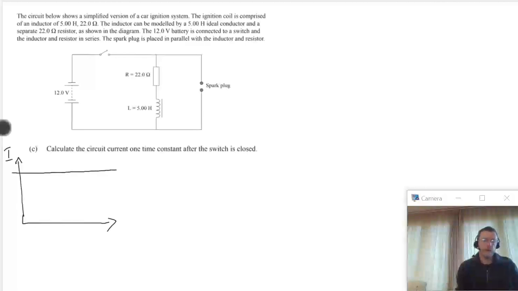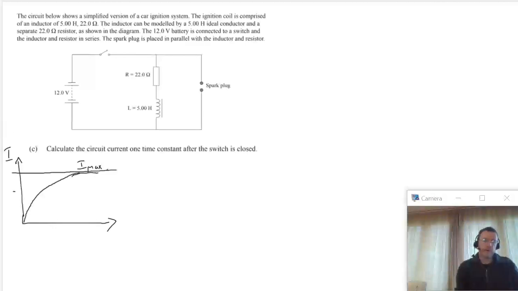So eventually we're going to have our Imax. Eventually we're going to have our current, and it's going to start at 0 because that's what inductors do. They stop the current building up instantaneously, and it's going to reach out towards Imax.